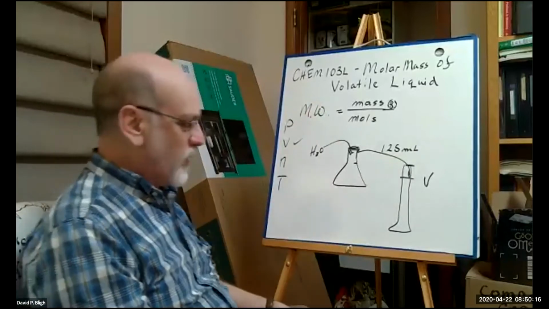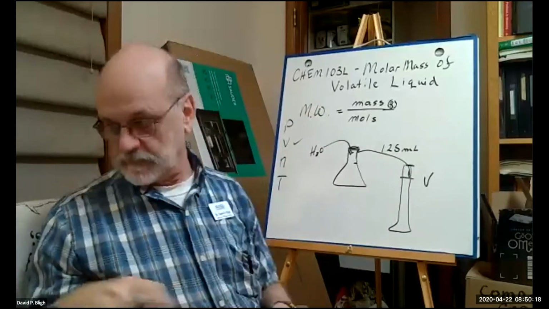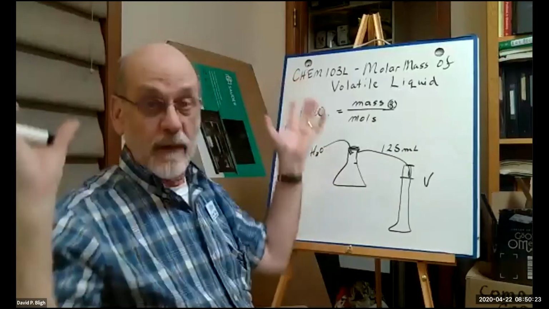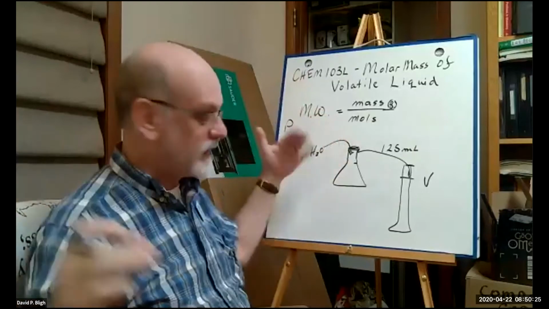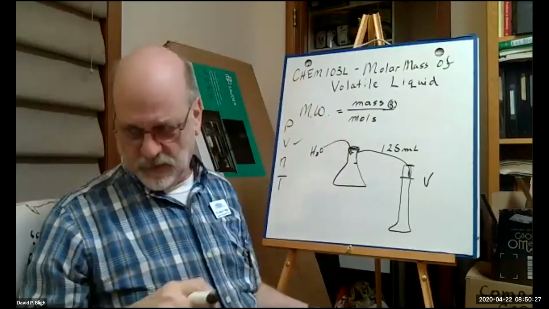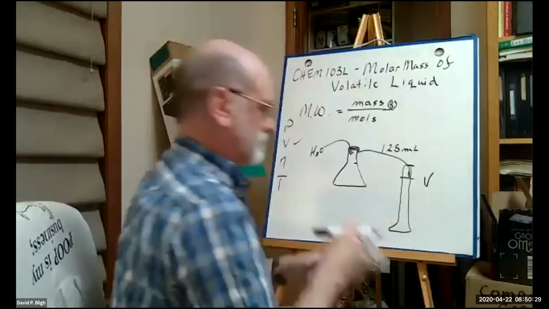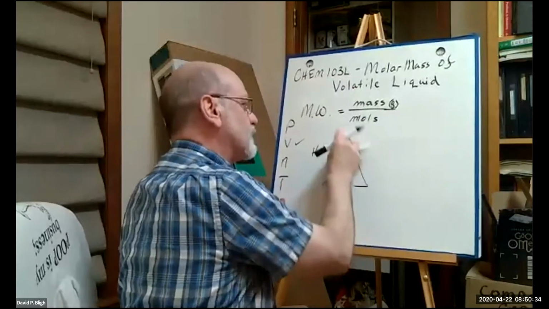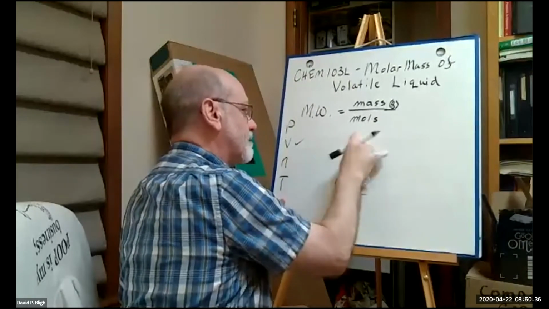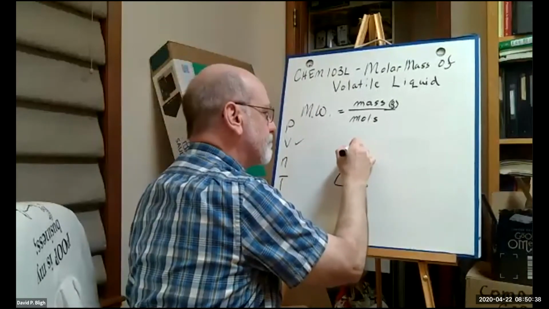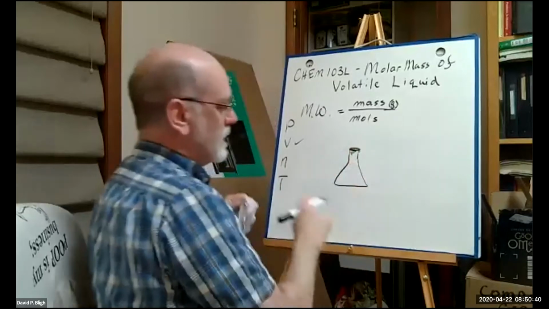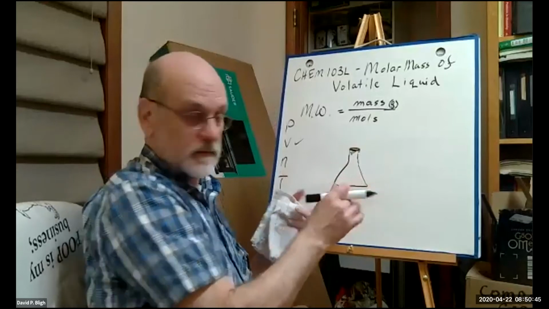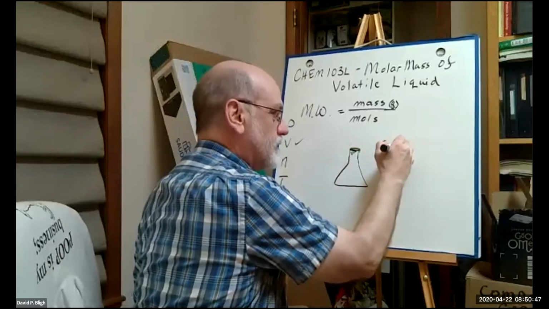So where do you get the pressure? Well, the pressure that's applied to the gas is atmospheric pressure, what's bearing down on the gas. And the reason we say that is the method calls for you to put into this flask the liquid, about 5 milliliters.